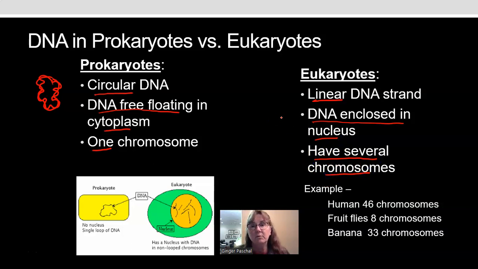They can have anywhere from 4 chromosomes, as in a fruit fly, or some fruit flies have 8. Humans have 46 chromosomes, or 23 pair. This you should memorize. Bananas actually have 33 chromosomes.